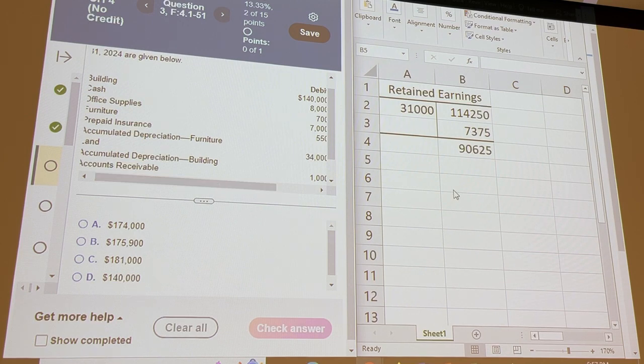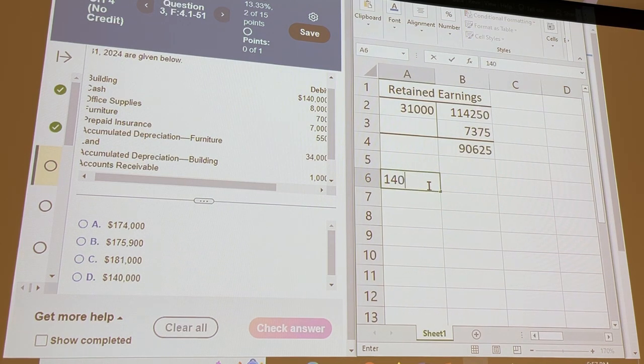So it would include the building, which is 140,000. And then it would include furniture, 7,000.